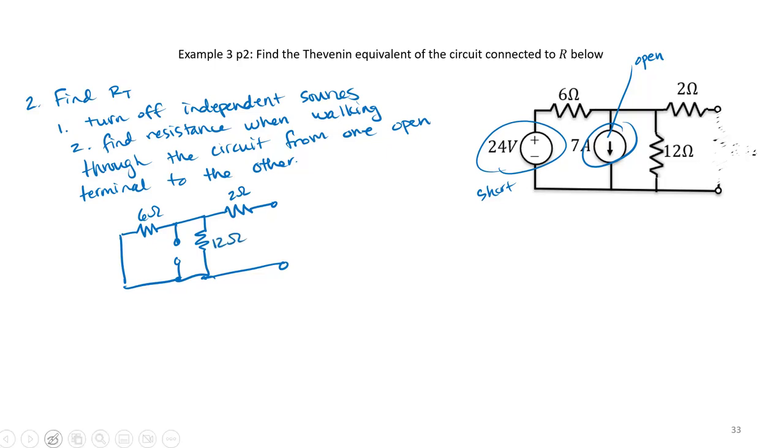So one common mistake here, we do need to consider the 2 ohm resistor when finding resistance.